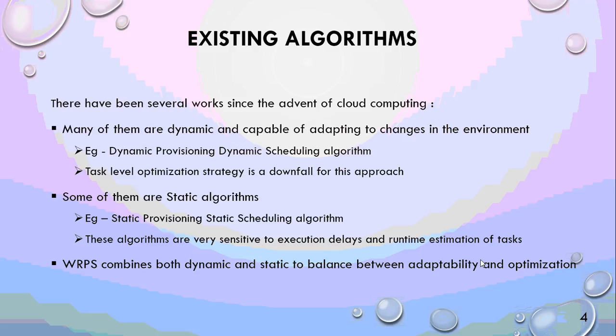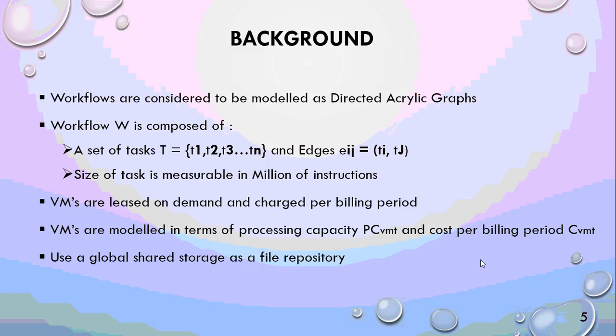This algorithm is very sensitive to execution delays and runtime estimations of tasks. So we need to find a bridge between dynamic and static, and that's where WRPS comes in. The WRPS algorithm basically combines both the dynamic and static features to balance between adaptability and optimization.